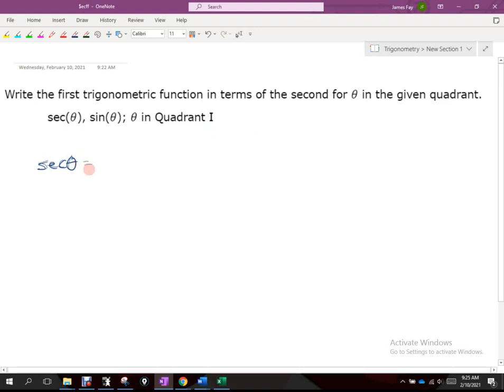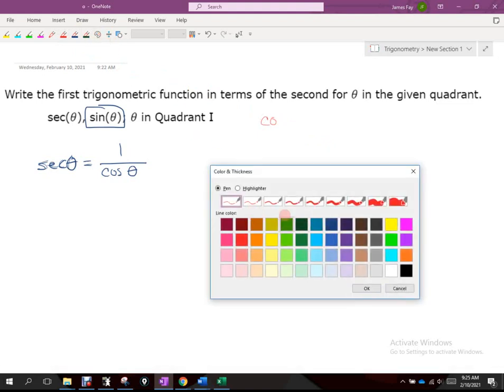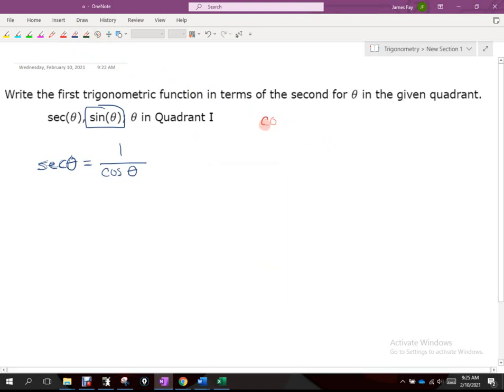So right now we know secant is equal to 1 over cosine. But like the problem says, we don't want cosine, we want sine. So we want everything on the right-hand side to change to sine. The way we can do that is we take the relationship that cosine squared x plus sine squared x is equal to 1.